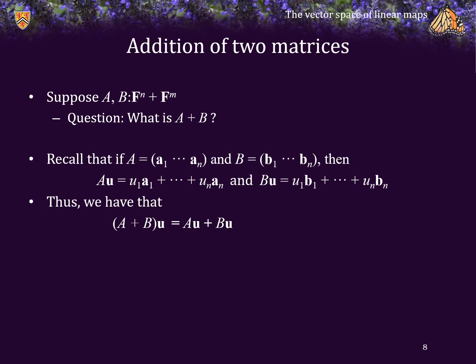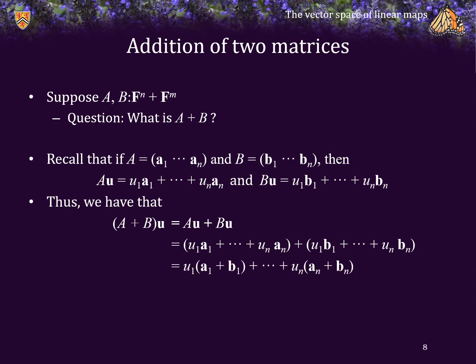Thus, A plus B applied to U is just A applied to U plus B applied to U, which is the sum of those two linear combinations. But this is just a sum of vectors, so we can move the terms around by associativity and commutativity, and notice then that we can group them based on the scalars u1 through un.